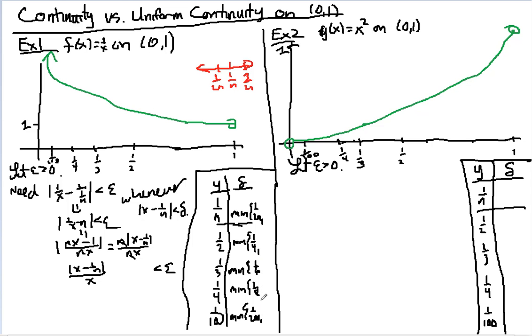And notice, in particular, as I get closer to 0, as I move to the left, these numbers are getting smaller. Certainly, 1/4 is bigger than 1 over 200. So what I can do is bound this by the absolute value of x minus 1 over n, over 1 over 2n.